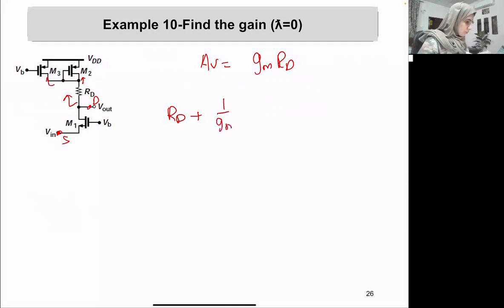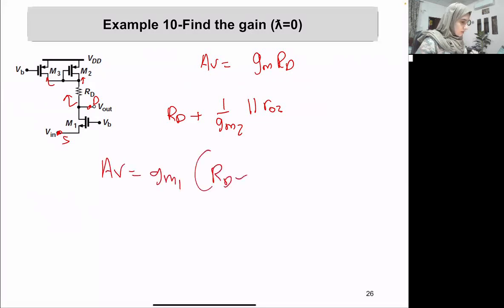So it will be 1 over GM2 in parallel with R out 3, because for M3 we are looking from the drain side. So our gain will be GM1 multiplied with RD plus 1 over GM2 in parallel with R out 3.